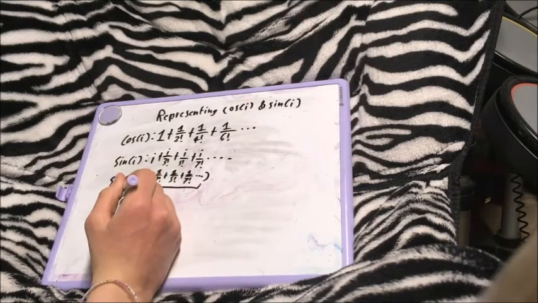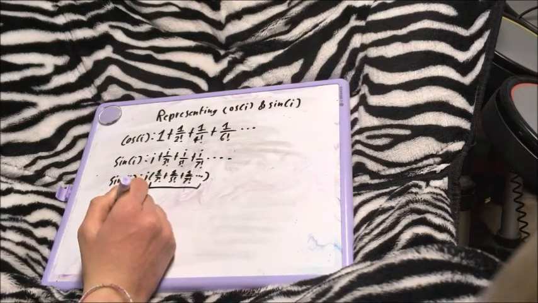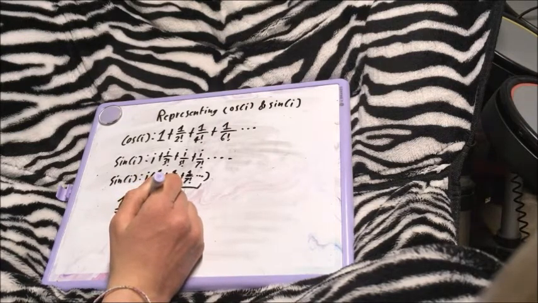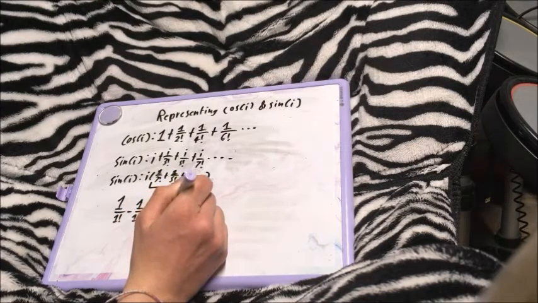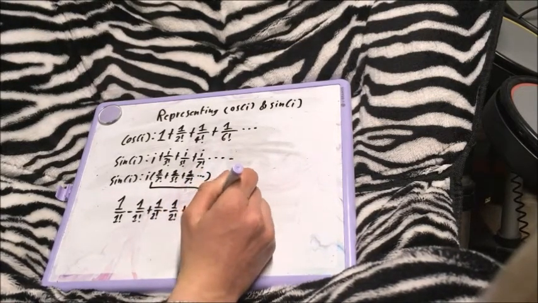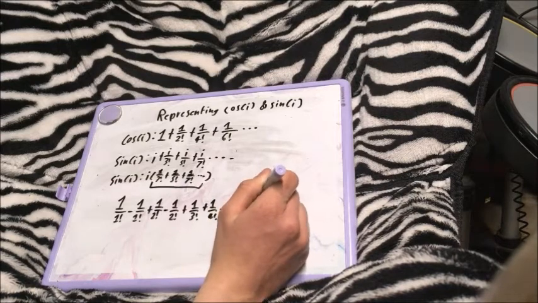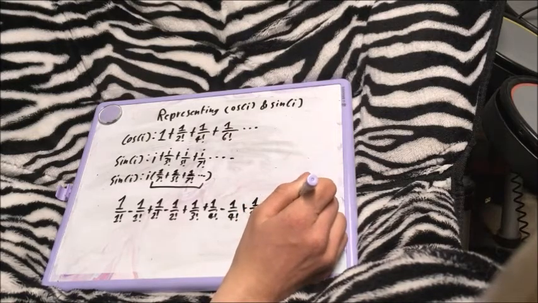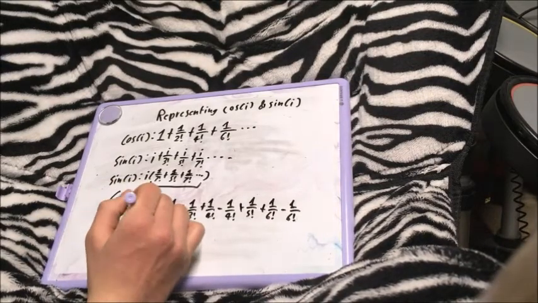If we look at it, we can rewrite it as this: 1 over 1 factorial minus 1 over 1 factorial plus 1 over 2 factorial minus 1 over 2 factorial plus 1 over 3 factorial plus 1 over 4 factorial minus 1 over 4 factorial plus 1 over 5 factorial plus 1 over 6 factorial minus 1 over 6 factorial, and so on, with all these canceling each other out.